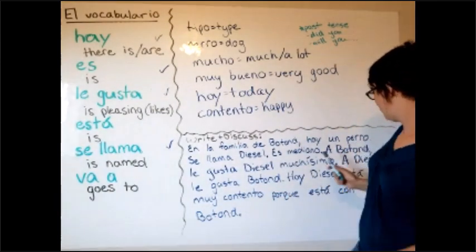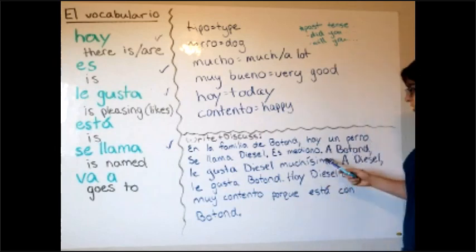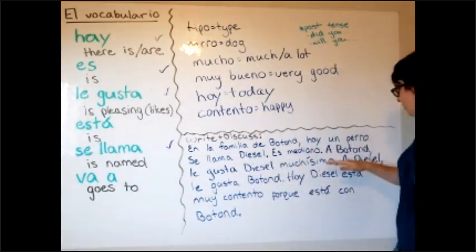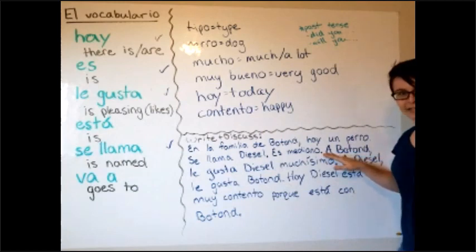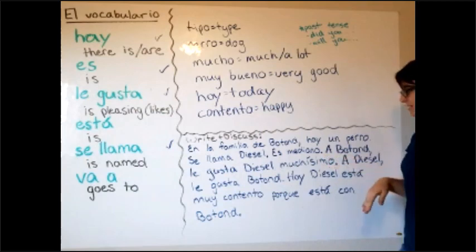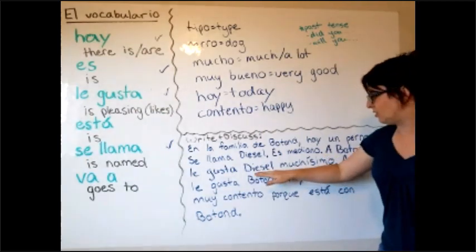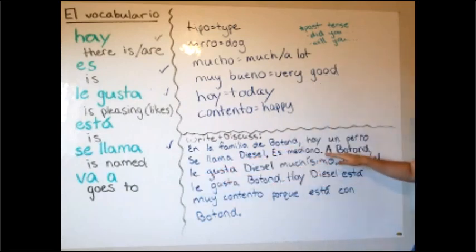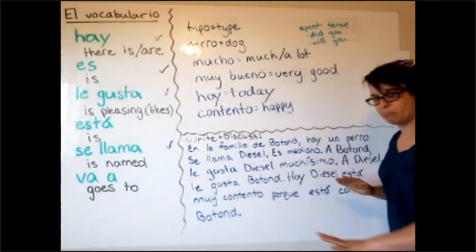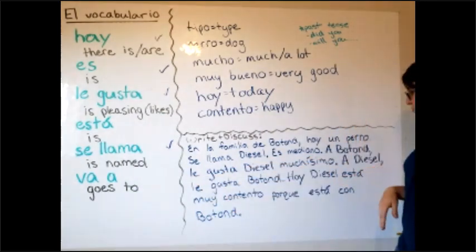So addressing your question, you want to know about le gusta. See how I put an A right here? This is really hard for English speakers to pick up because it doesn't exist in English. But literally this is saying Disucss is pleasing to him, to Botond. It's repetitive, but that's just how Spanish works.